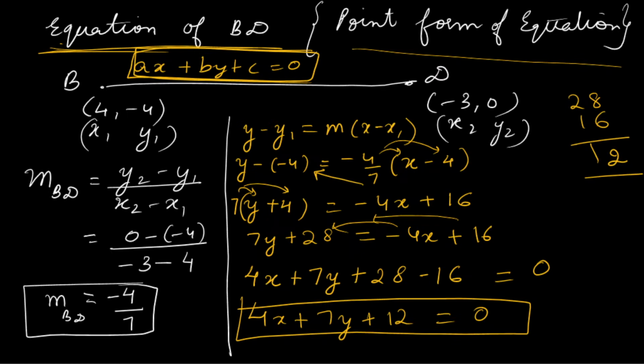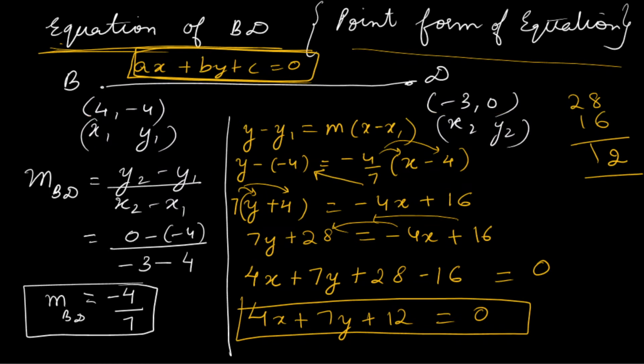So Tarun and Jayashree have asked whether we can take -3, 0 instead. It's easy to calculate. Yes, anything you can take. That's a good question. If you are using B's coordinates or D's coordinates, the equation will always remain the same. Why did I use x1, y1? Because I already wrote it, so I just continued.